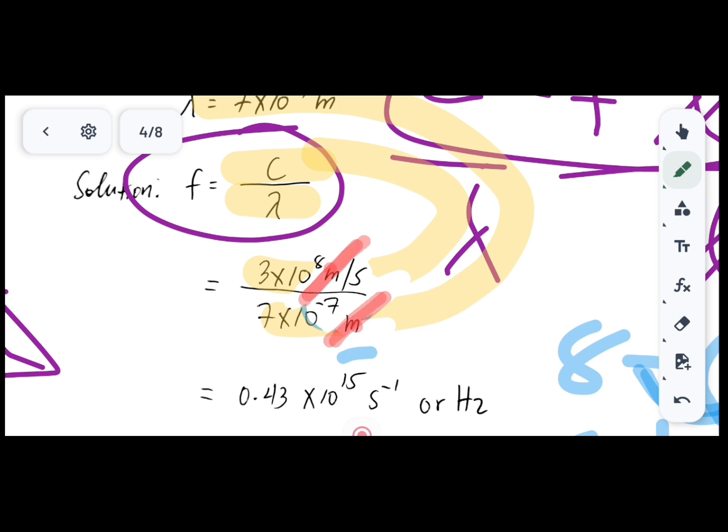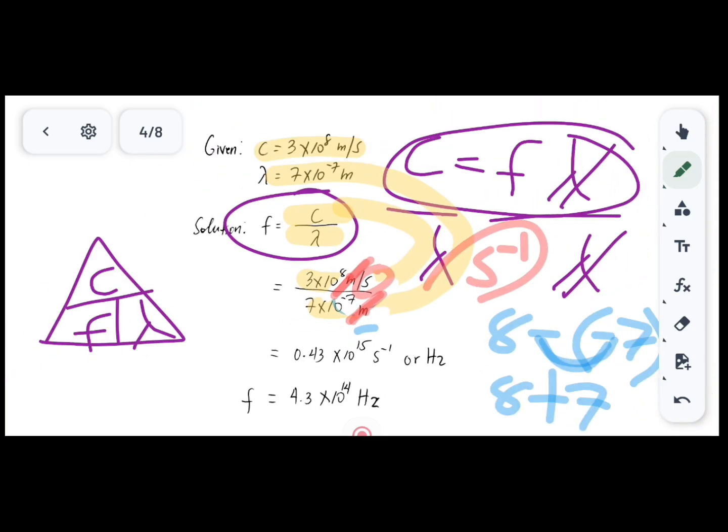You are left with s here, and it is in the denominator, which is expressed as s negative 1, and s negative 1 is hertz. Okay, so therefore you have 0.43 times 10 raised to 15 s negative 1 or seconds negative 1 or hertz. You may use either of that, but our standard unit is hertz.